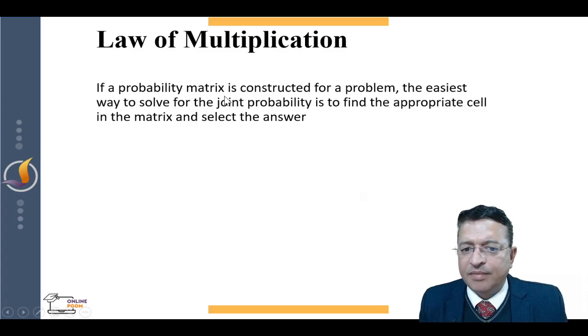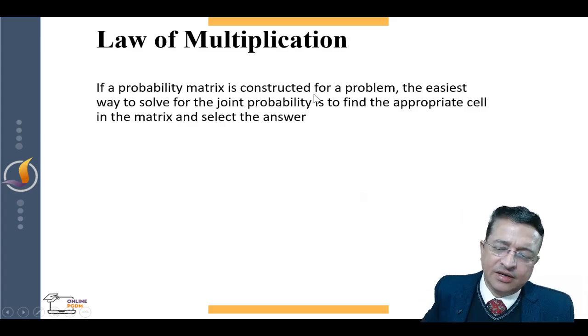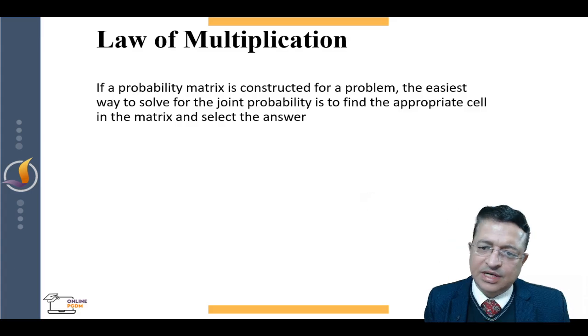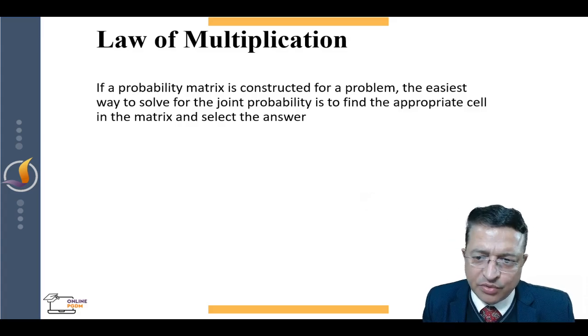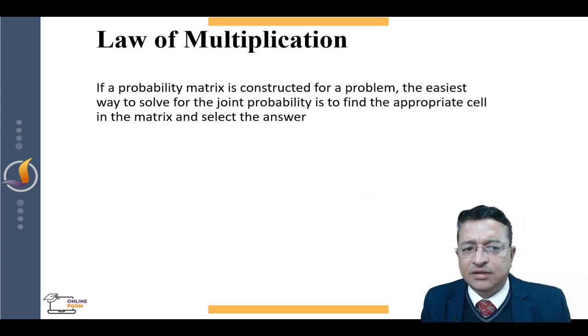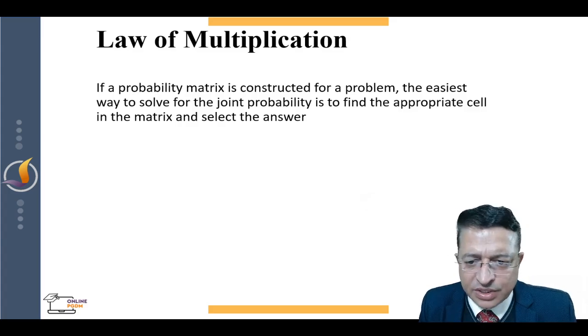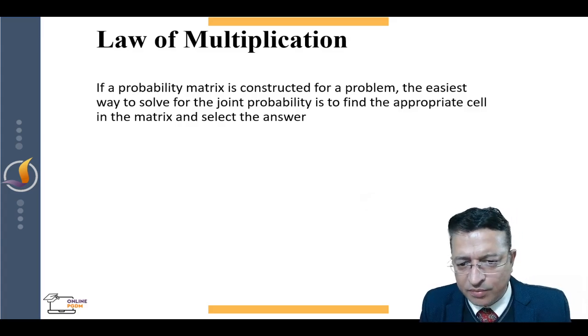Now, if the probability matrix is constructed, as I already said, if we convert the problem into a probability matrix, then you can easily calculate all kinds of probability. So here we are using it for finding joint probability.